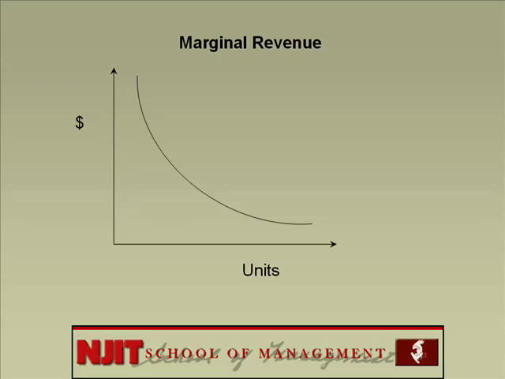Why does it decrease? Because every time you sell more units, you've got to work harder. Maybe you've got to promote the product more. You've got to offer higher discounts. So as you try to keep selling more units, the incremental or additional revenue decreases.